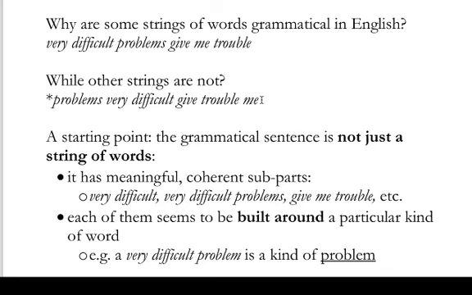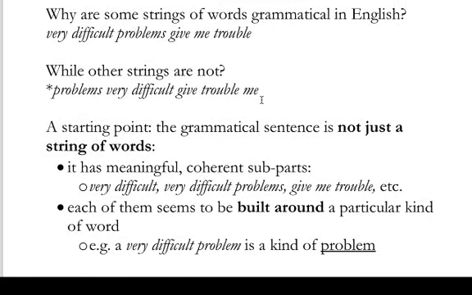Rather than just being strings, there are coherent and less coherent groupings of words internal to these sentences, and that's basically constituents. Each of these coherent subgroupings is itself built around a particular kind of word, right? So for instance, a very difficult problem is a kind of problem.